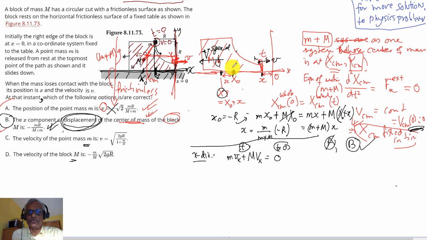So if I use this symbol, I get m v minus M capital V equal to 0. Of course, the x velocity of this guy is positive and this guy is negative. So this, let's call it equation 1.